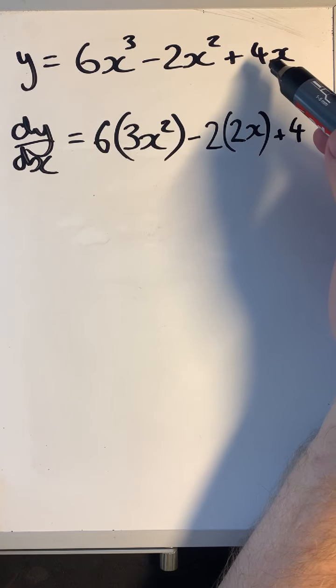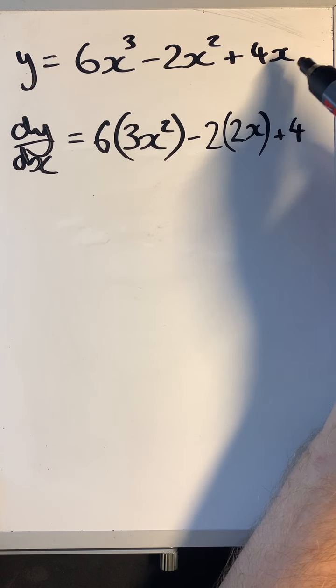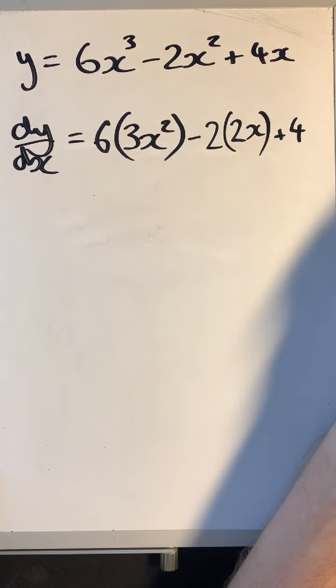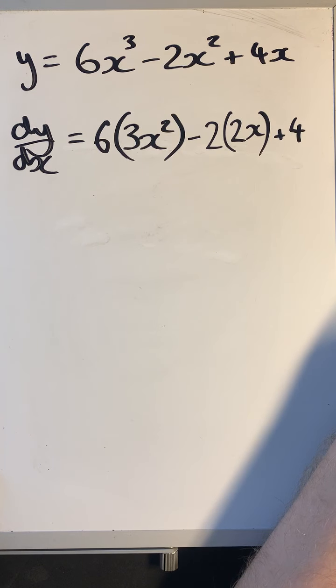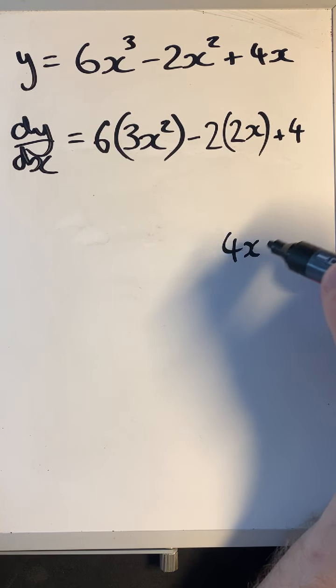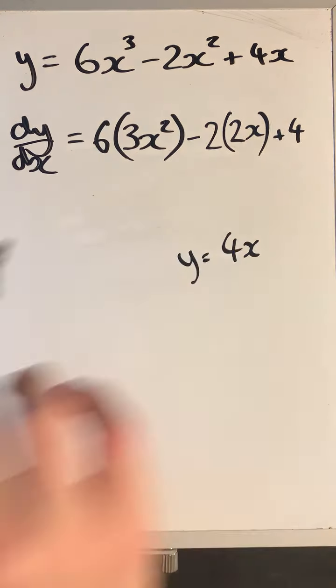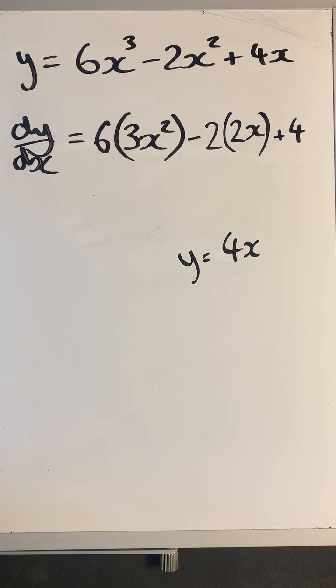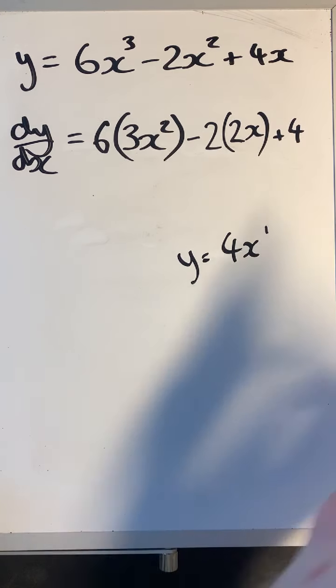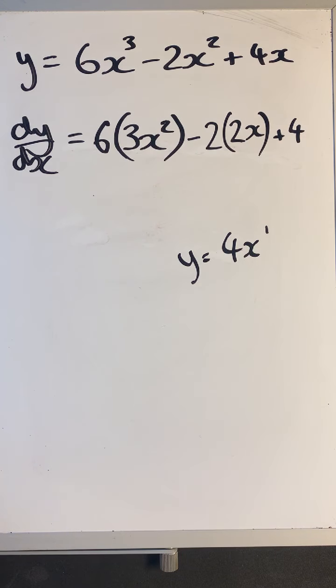Now this one's a bit more complicated. When we're differentiating a number times x, what we end up with is always just the number on its own. The reason is, if we were differentiating y equals 4x, this is 4x to the power 1.